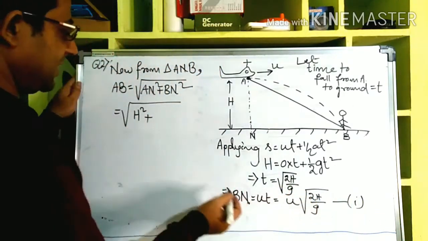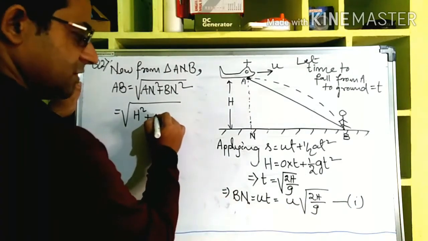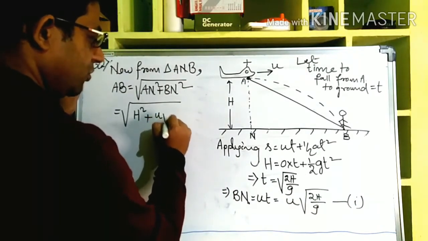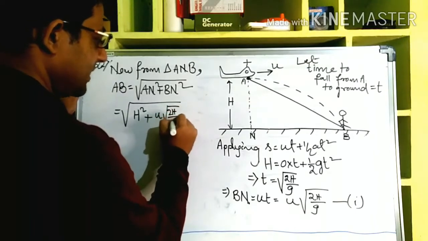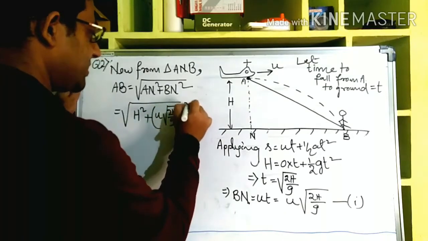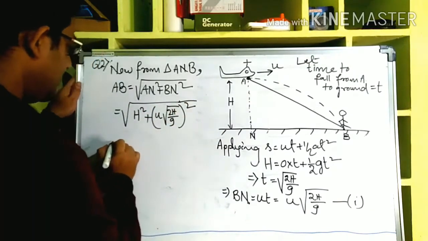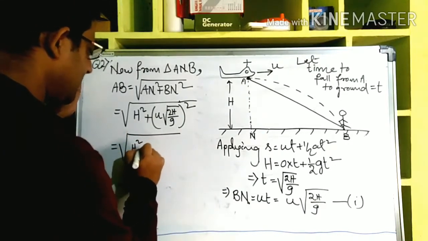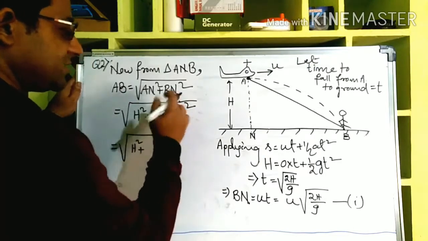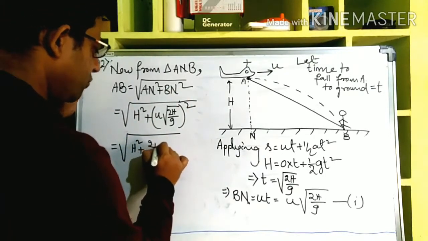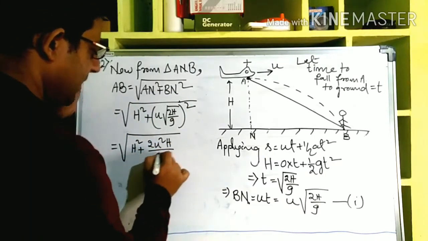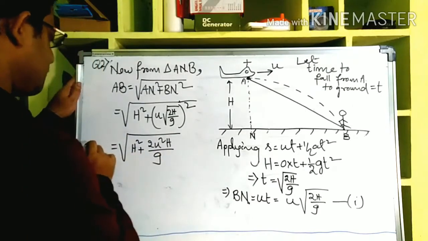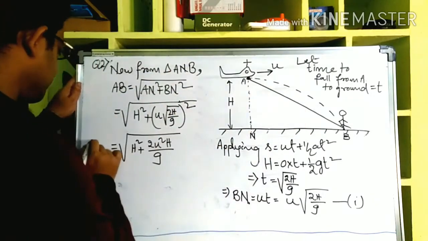From there you can find out BN. BN is equal to u root under 2H by g whole squared, right? So this is equal to root under H square plus, see, this is u square and this root sign goes, so 2u square H by g. So this is the distance. This only was asked, right?